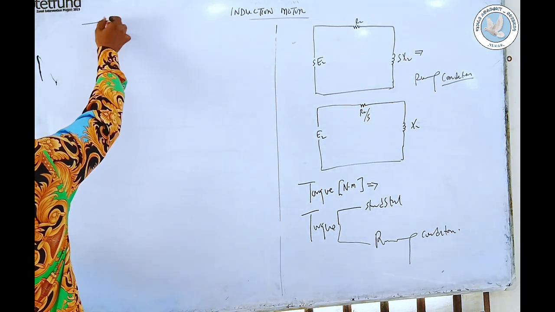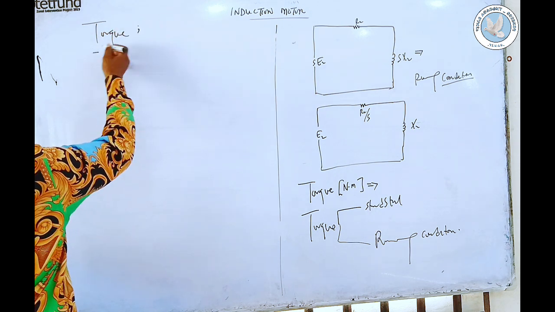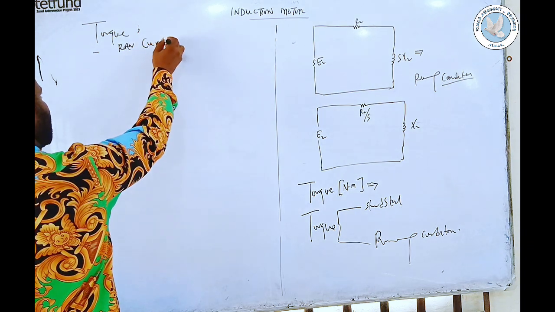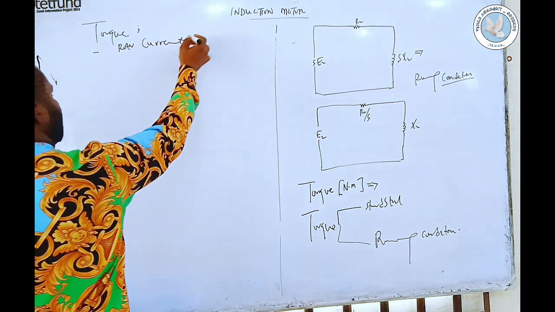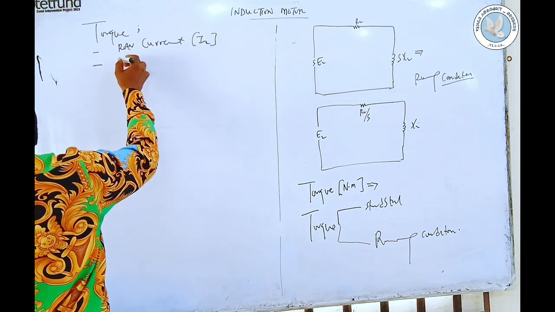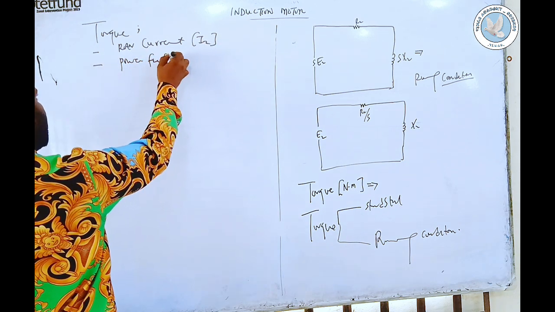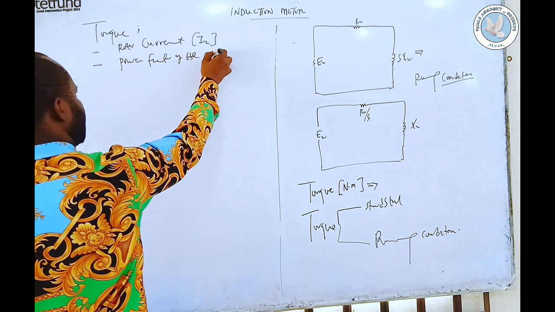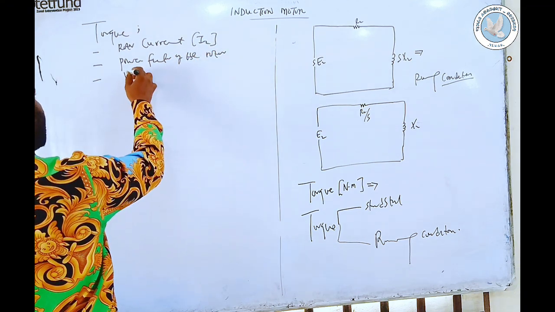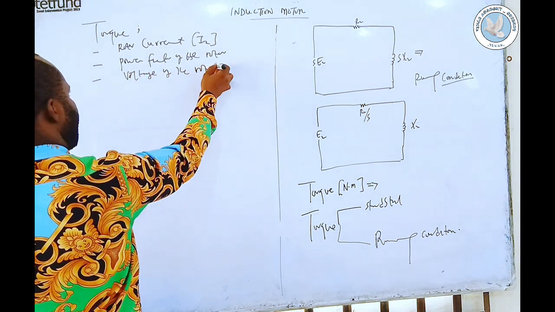Torque depends on one, the rotor current, that is this. Torque also depends on power factor of the rotor, and also finally the voltage of the rotor.